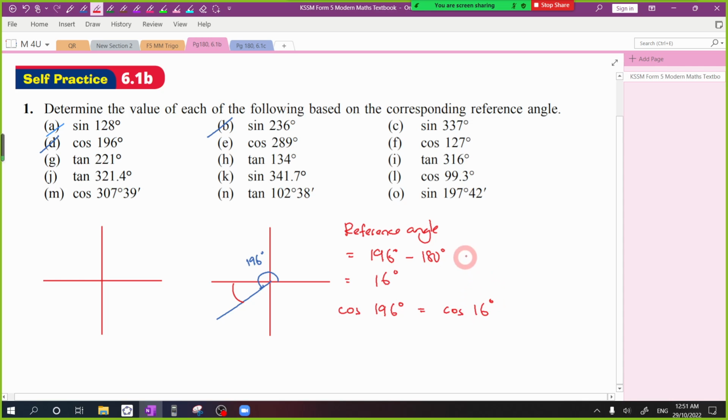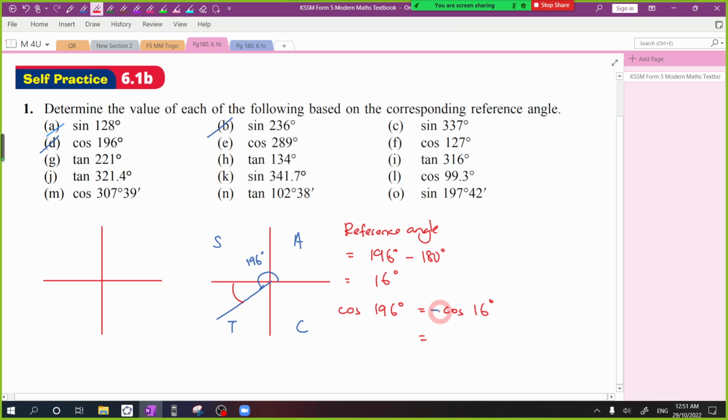And then we start to think, should I add a negative sign? According to this ASTC, in this quadrant, only tangent positive. Now we are talking about cosine. We need to add a negative sign.